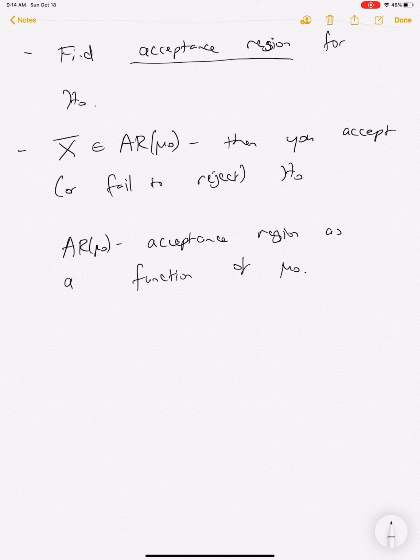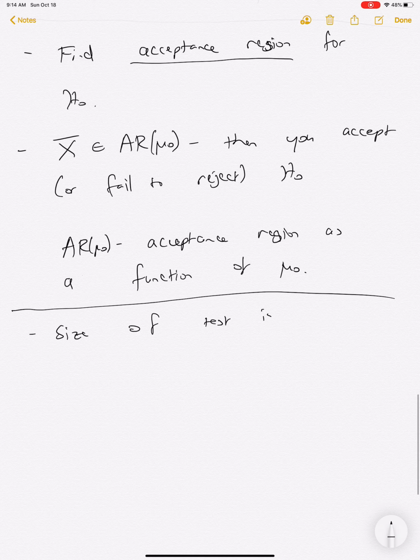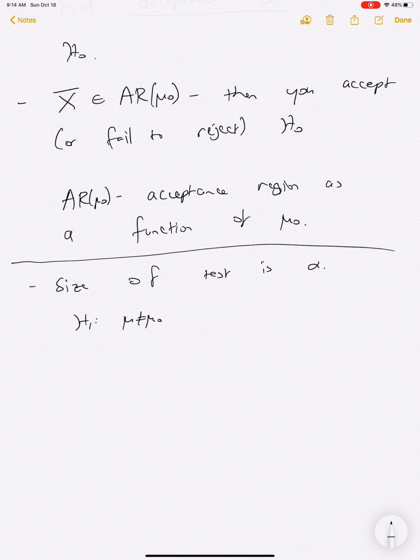So how do we find it? The size of the test is alpha, and the alternative is mu not equal to mu zero. So what that basically means is that the acceptance region of mu zero is going to look like this.